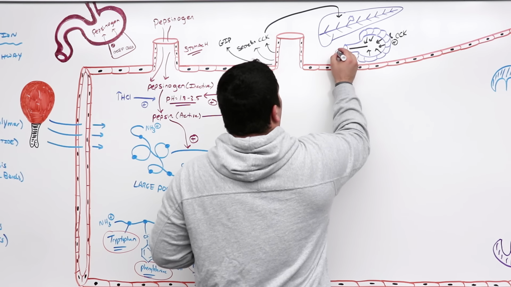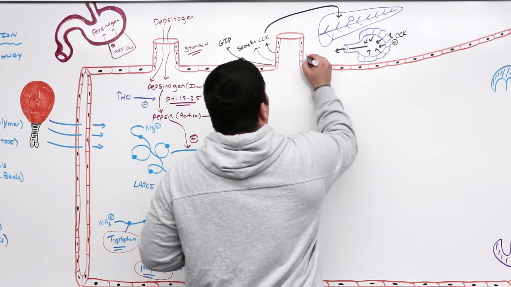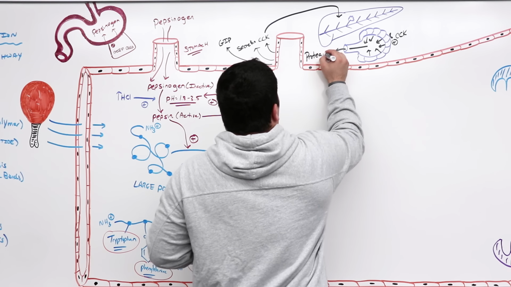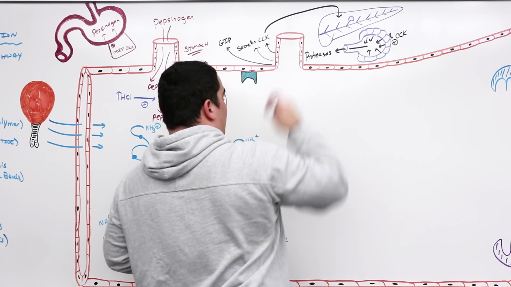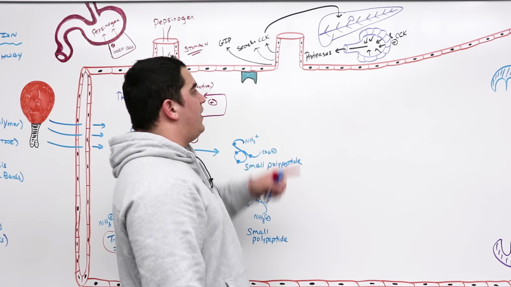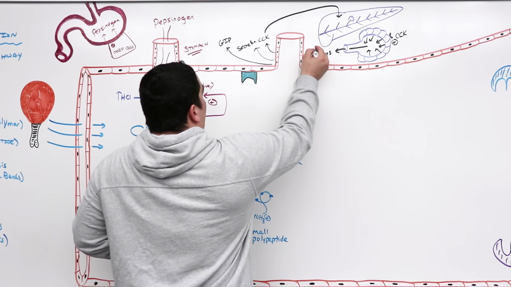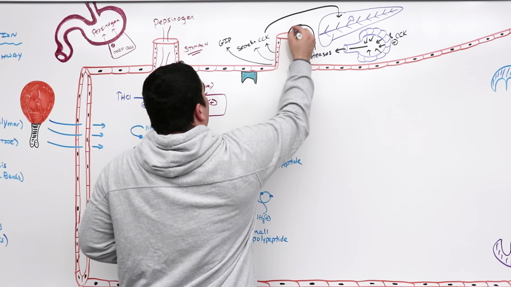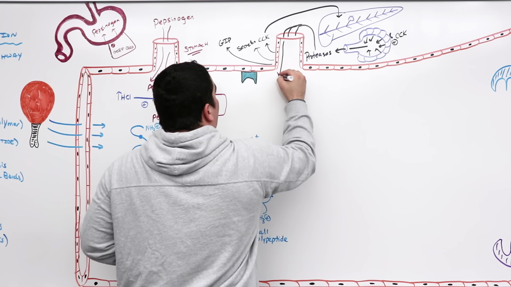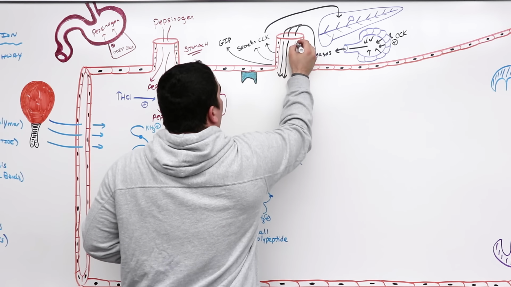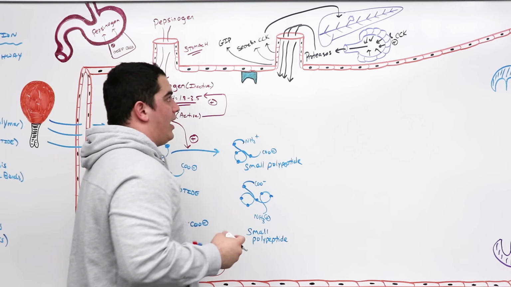The digestive enzymes that it releases are going to be proteases. There's a bunch of other ones like amylase, lipase, and nuclease, but in this video we're only talking about the proteases. What are some of these proteases that are released into the duodenum, particularly through what's called the hepatopancreatic ampulla?